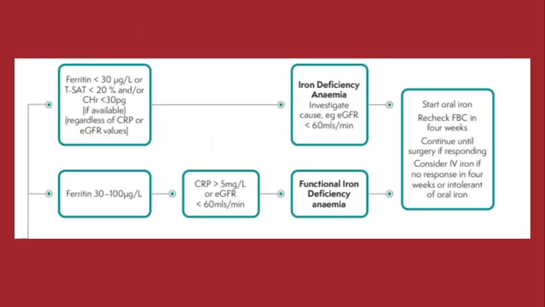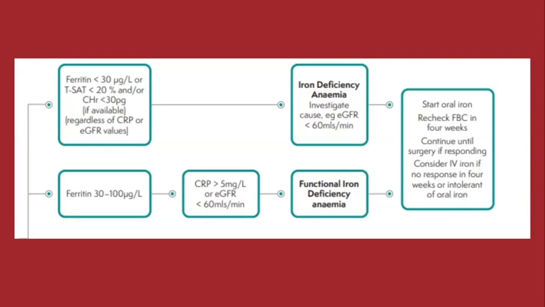so once you have the results, if you have a patient with low ferritin, low transferrin saturation, and a low reticulocyte hemoglobin concentration, you have a higher probability and you can diagnose the patient with iron deficiency anemia.